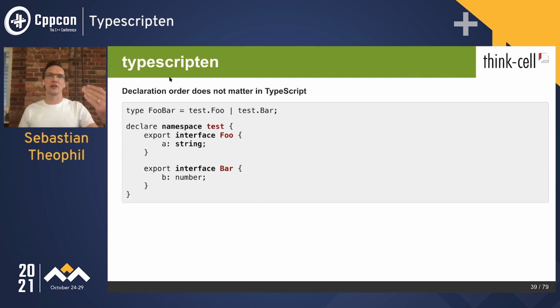So we cannot parse that and translate it literally to C++ in the same order. That would not be valid C++. But we have to collect all the types and then reorder them in some meaningful order. So let's say base classes before derived classes, template arguments before the templates. So that's one obvious challenge.